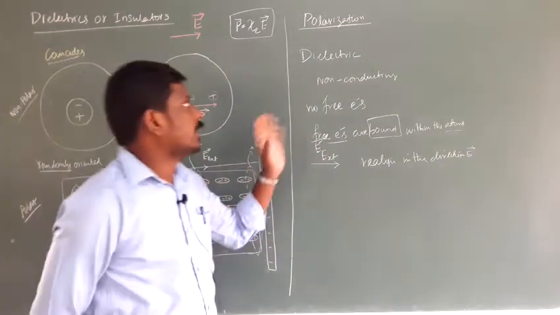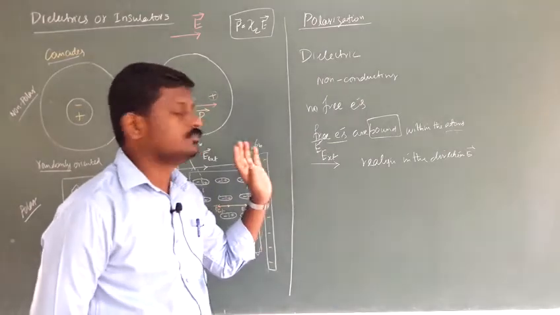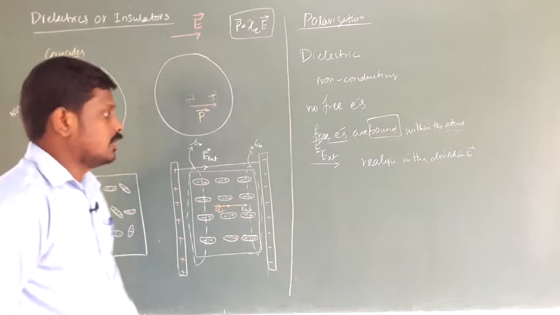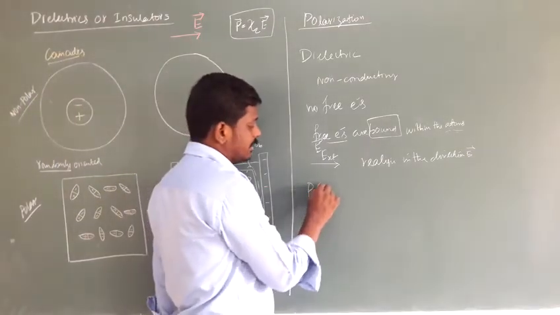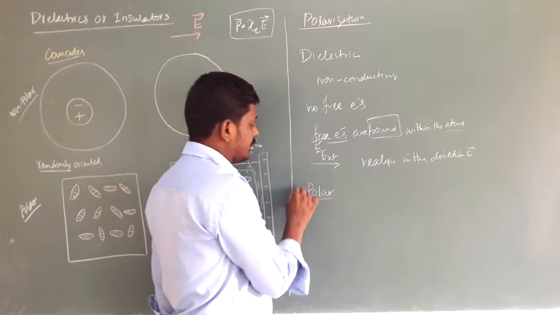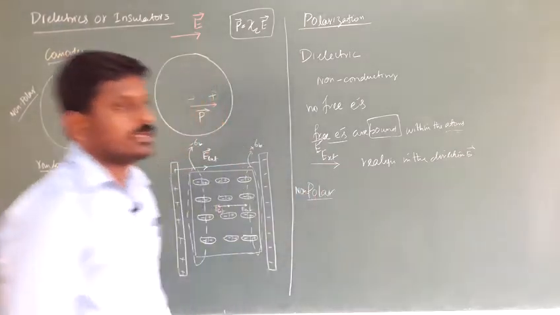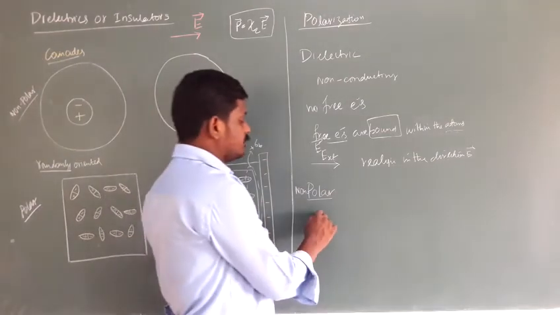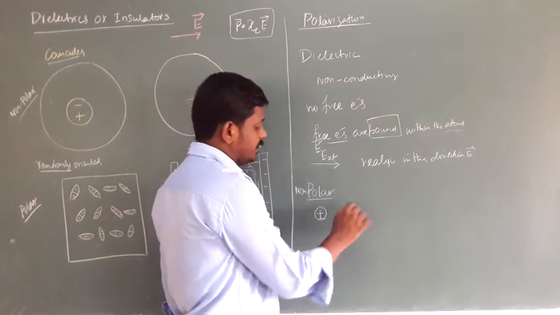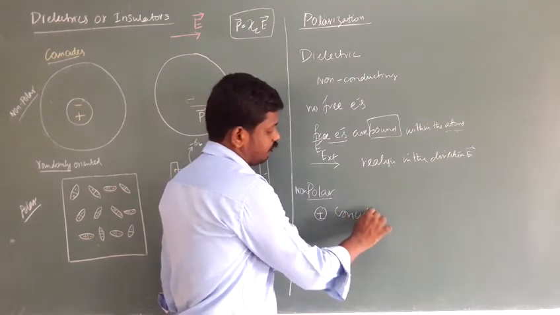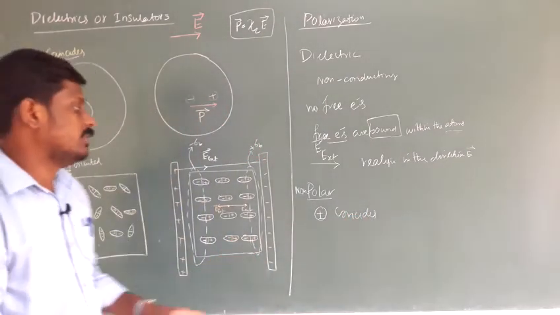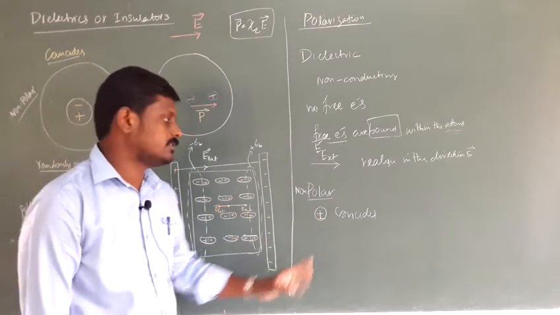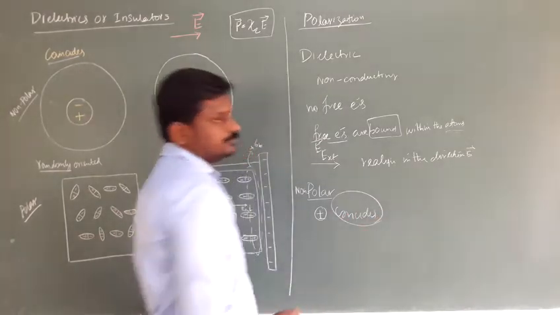So a dielectric is made of either polar molecules or non-polar molecules. First we are going to discuss the non-polar dielectric. Non-polar dielectric means the centers of positive and negative charges coincide. In an atom there are positive and negative charges, and their centers coincide.